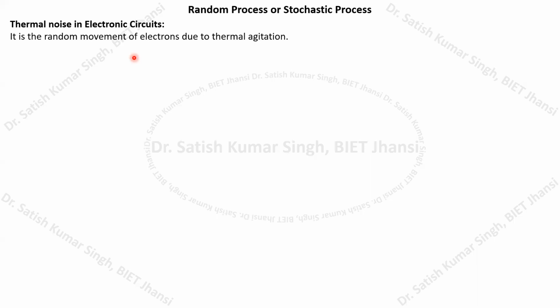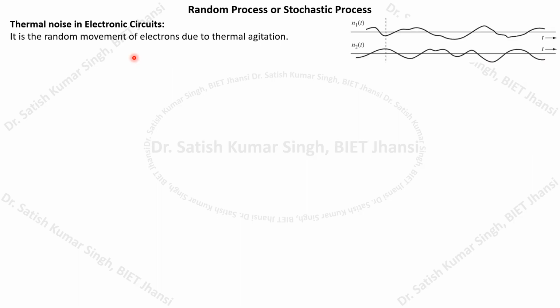If we are able to measure these fluctuations in the electronic circuit, then we can see that they are quite random in nature. So there will be a random signal that we observe from any electronic circuit if we are able to measure the thermal noise. If we consider different circuits, obviously the noise fluctuations will be random, and we are not going to repeat a similar waveform, but certain characteristics will be constant.